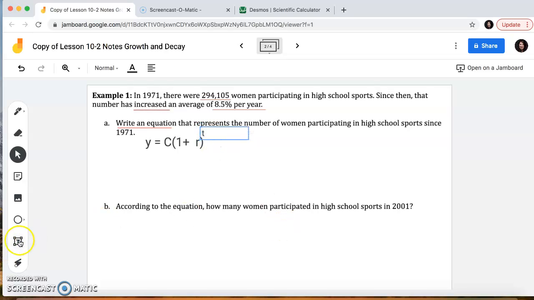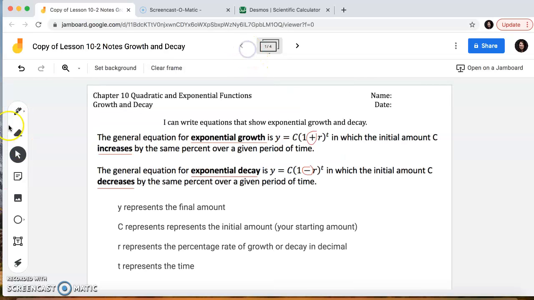So we need to figure out what our numbers are. First we have C, the initial amount. The initial amount of women participating in high school sports back in 1971 was 294,105. Then we need to figure out our percentage rate. It's 8.5%, but we need that in decimal form.